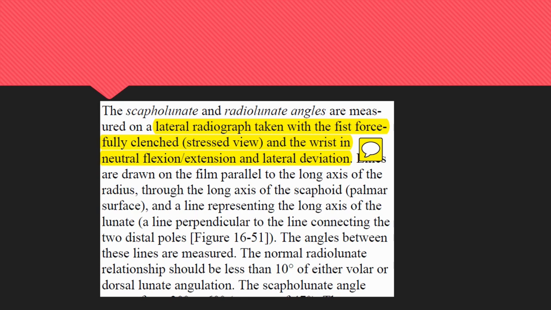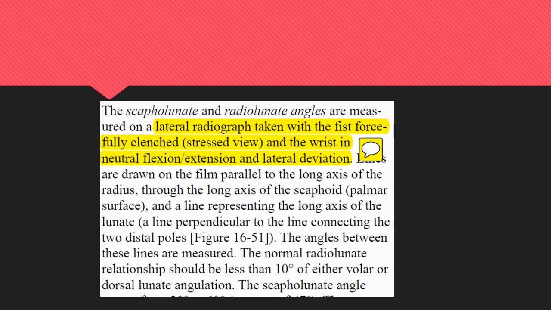one arm of the angle, through the long axis of the scaphoid on its palmar surface, and a line representing the long axis of the lunate, which is a line perpendicular to the line connecting the two distal poles. So in performing this measurement, the first line to draw is the lunate line.